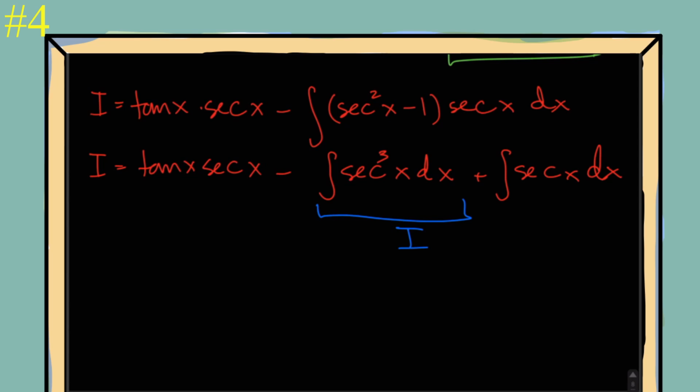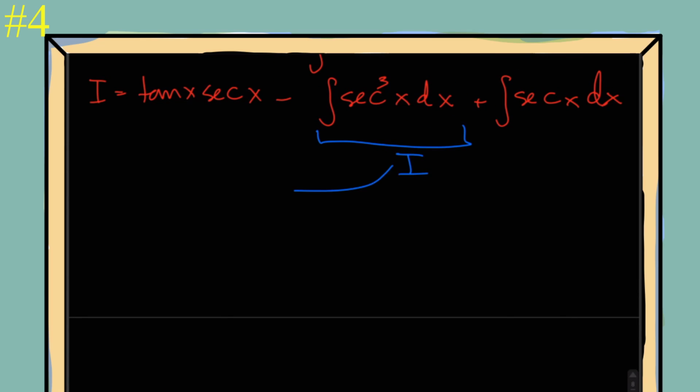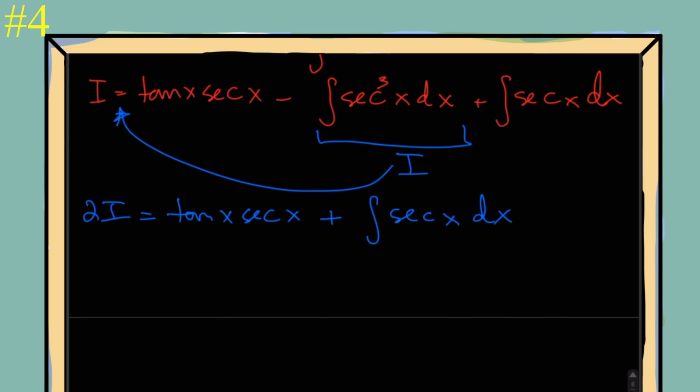So we can take this minus I and send it over here. That gives us 2I is equal to tan x secant x plus the integral of secant x dx. And secant is one of the basic functions that you should memorize the integral for.